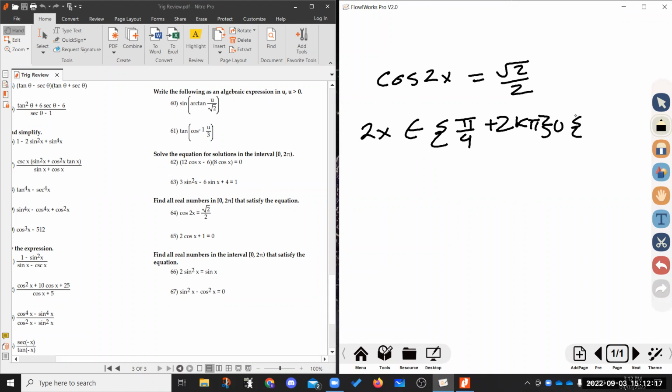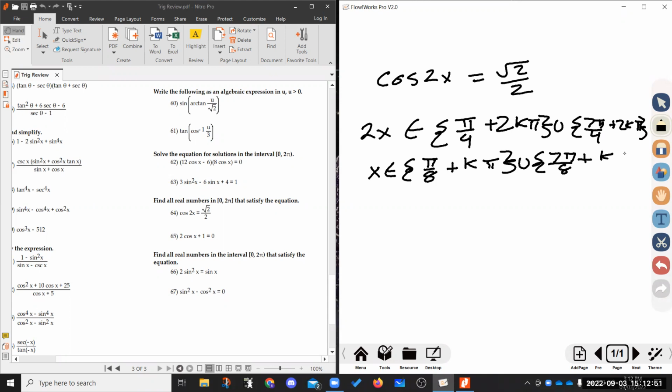The second time is going to be 7 pi over 4 plus 2k pi. And then those are my only 2 sets. So then when I get x, x is going to be an element of, I'm going to divide everything by 2, pi over 8 plus 2 divided by 2 is 1, k pi, union 7 pi over 8 plus k pi.